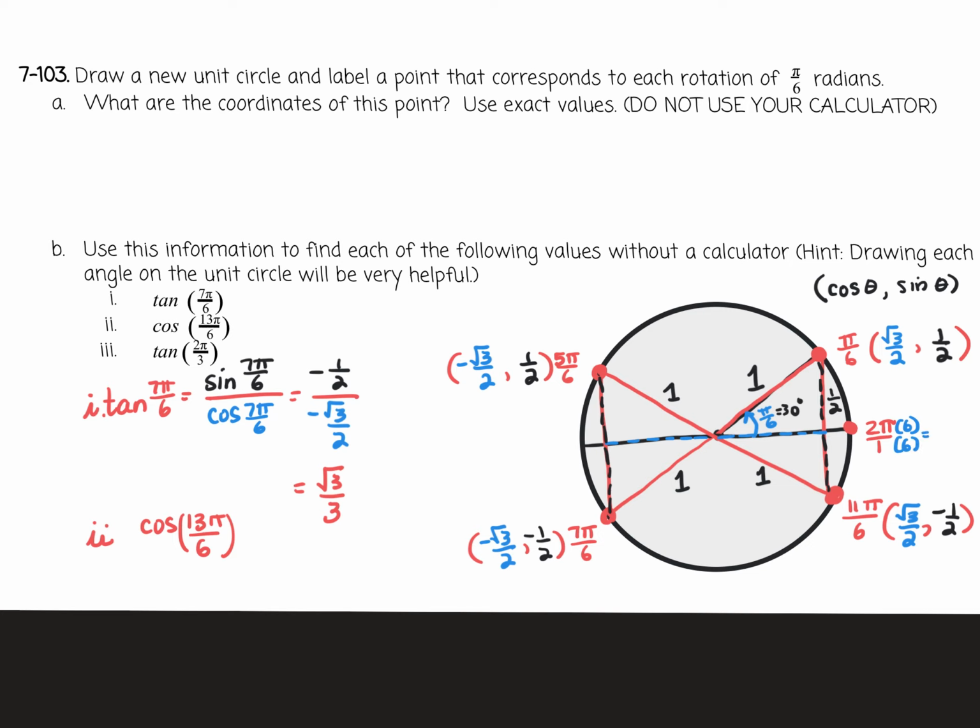And I get 12 pi over 6 is 1 rotation. So if I wanted 13 pi over 6, I'm going to go all the way around once, and that's 12 pi over 6. Now I need 1 more pi over 6. So this is really the same thing as the cosine of pi over 6. All right, and then in that case, I just need to look at the x-coordinate, the cosine, at pi over 6, and that's just radical 3 over 2.